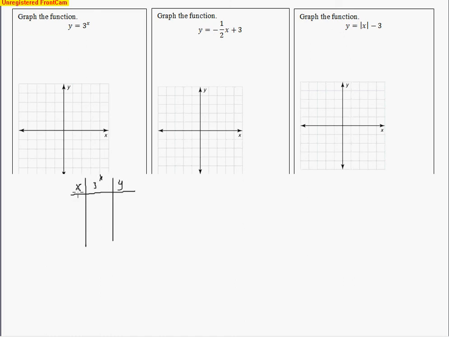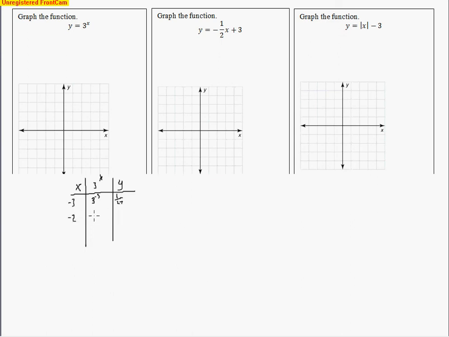So I'm going to start with some negative numbers. If I start with negative 3, whenever I have a negative number in the x as the exponent, it's really the reciprocal of that. So 3 to the negative third is going to be 1 over 27, a very small number.